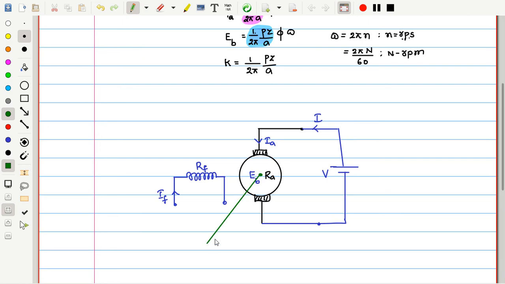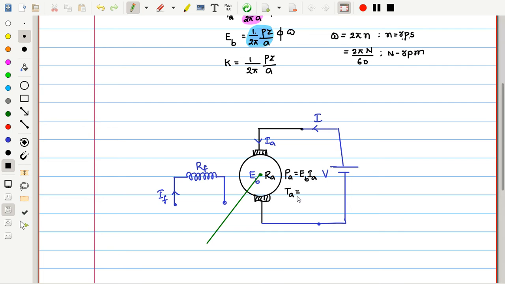Just let me extend like this, that may be the shaft of the motor. And now try to see that once we give the power supply to this armature, it develops the armature power Pa, which is equal to voltage into current. How much is the voltage developed in this? Eb, back EMF Eb. Current passing through it is Ia. Thereby, this power is helpful for production of the torque in the armature.